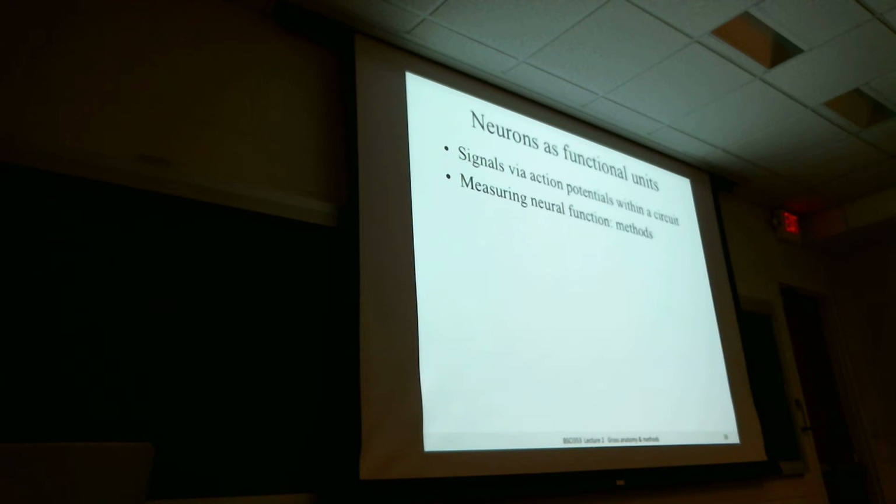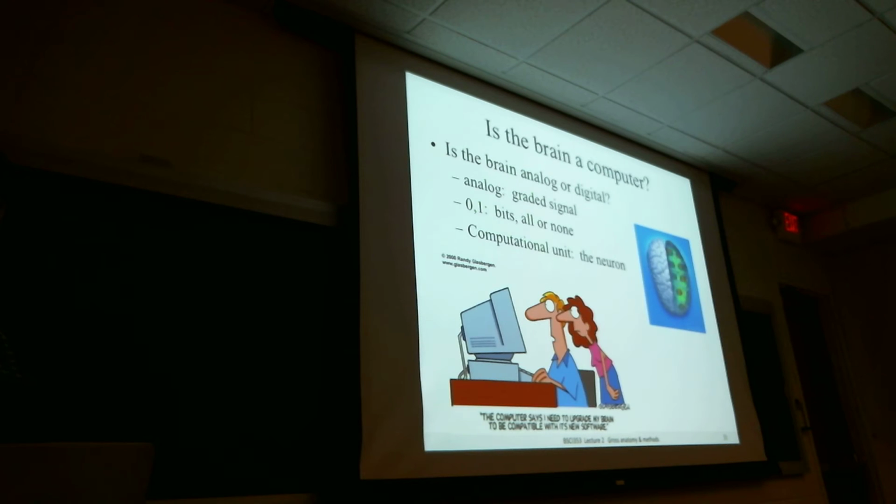Okay, so today we're going to talk about signaling via action potentials within a simple circuit. And then hopefully we'll get to some of the methods involved in understanding the functional analysis. We really think of this physiological activity in the brain.